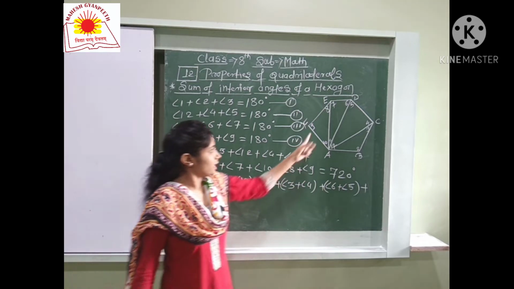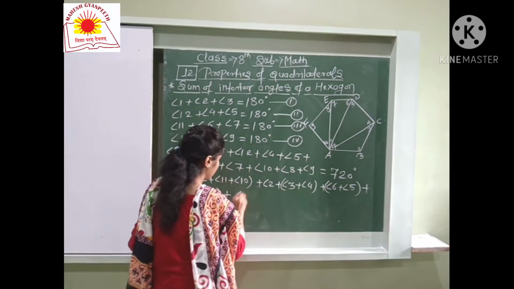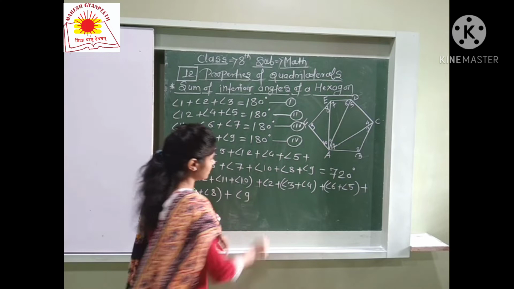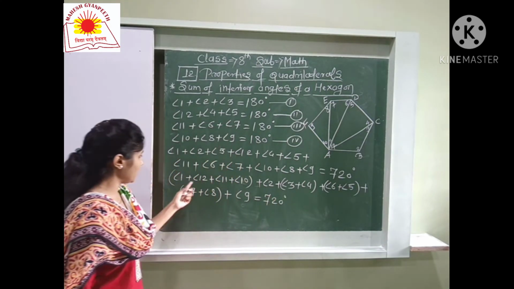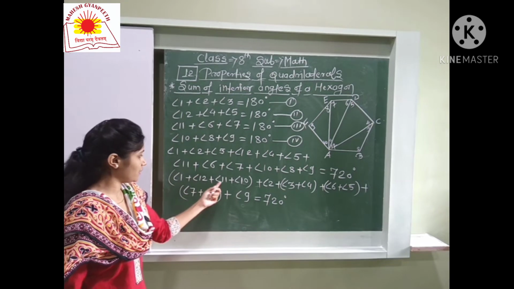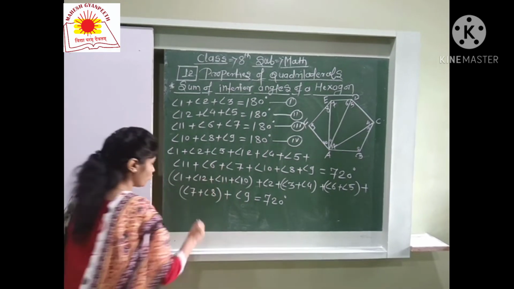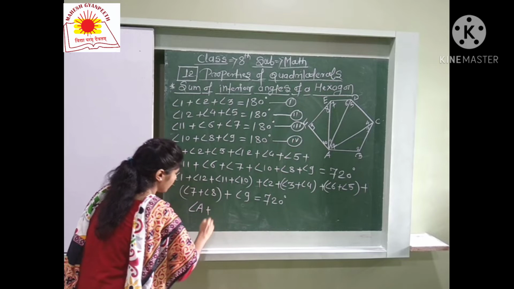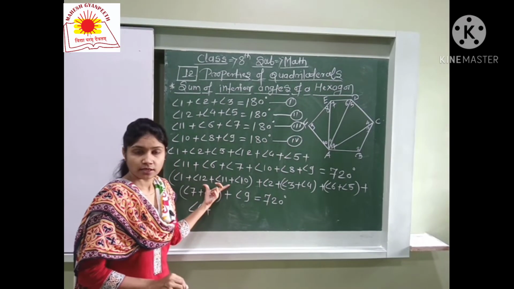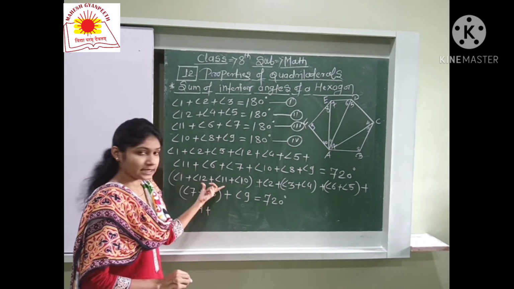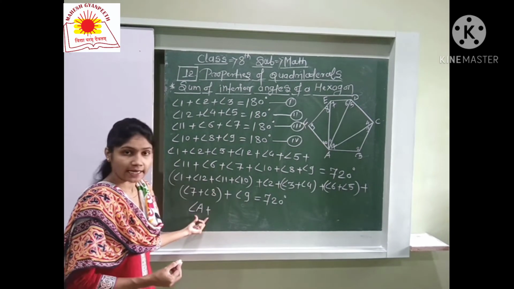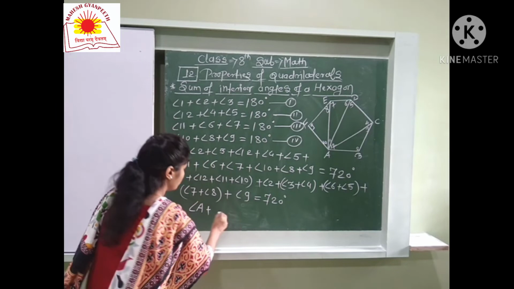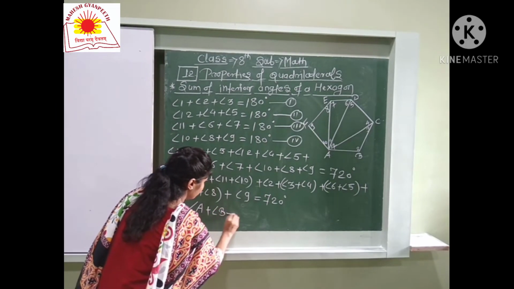Now angle F, the last, is angle 9. So what is the sum? It's 720. Angle 1 plus angle 12 plus angle 11 plus angle 10 is angle A. So we write angle A in its place. What is the value of angle 2? Angle B.